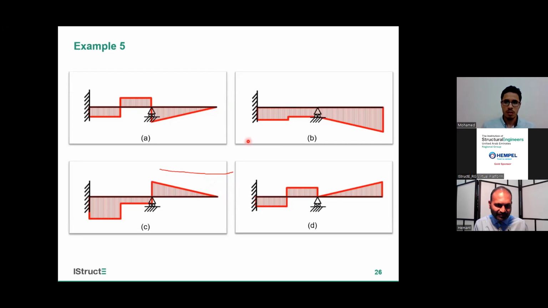If this was only a load like this, how would we draw it? This is a reaction, for example. Will we go up or down? We will go down. So here we have this from down to up, and here it's 0. If we take a look again, we don't have a concentrated load in the beginning, so of course this is not correct and this is not correct. This is out and this is out.